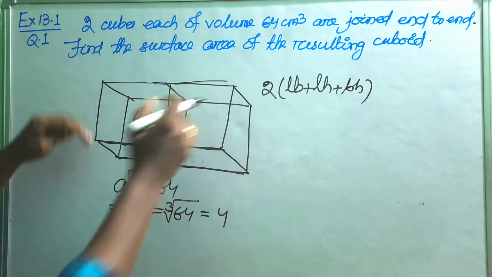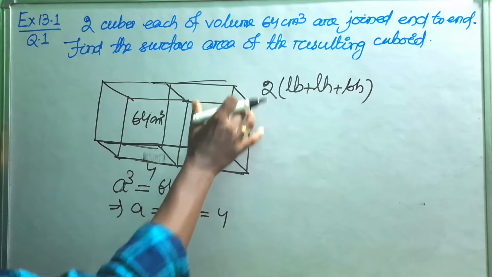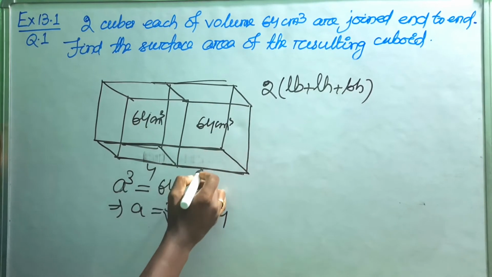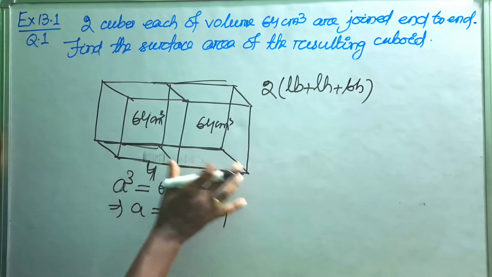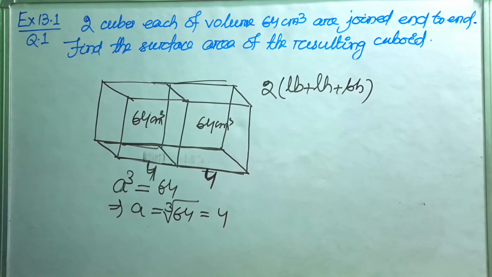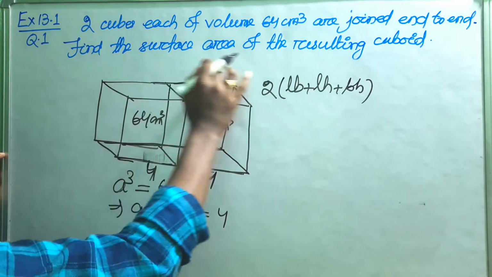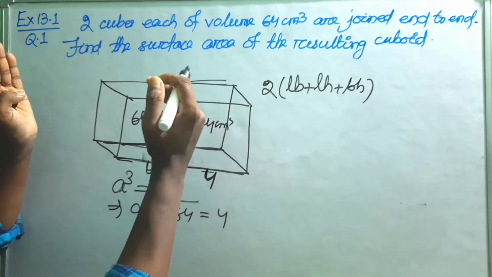This will be the figure of the resulting cuboid. This is another cube of the same volume, 64 centimeter cube, so its side will also be 4, because both have the same volume. Now this resulting structure becomes a cuboid.